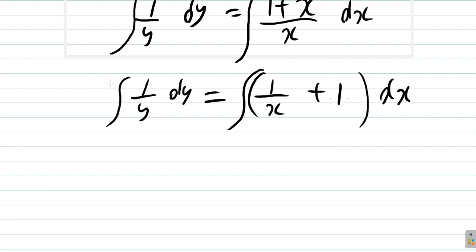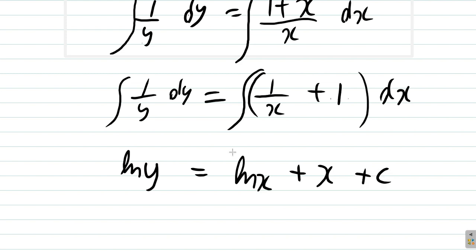The integral of 1 divided by y dy, as you remember, is ln y equals, we're not going to write any plus c here until we reach the right hand side. This would be ln x plus x, and then we write our constant of integration, plus c.